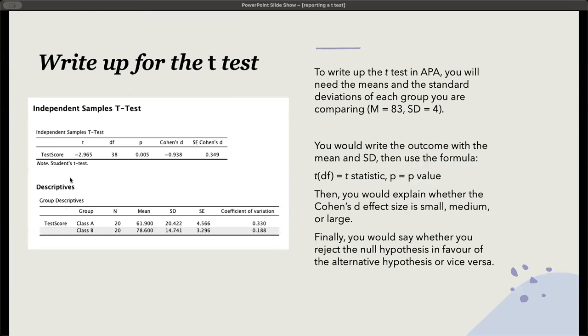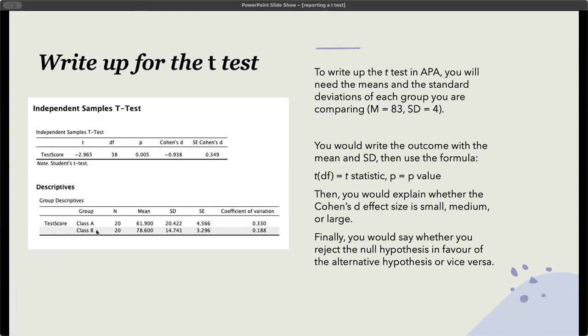Okay, so what would we then need to do for the write-up? Here's the output in JASP. To write up the t-test in APA, you need the means and the standard deviations. This is why in the JASP videos for the different types of t-tests, I said to grab the descriptives. You need this for the write-up. So here we have the mean and the standard deviation, and this is for an independent samples t-test.